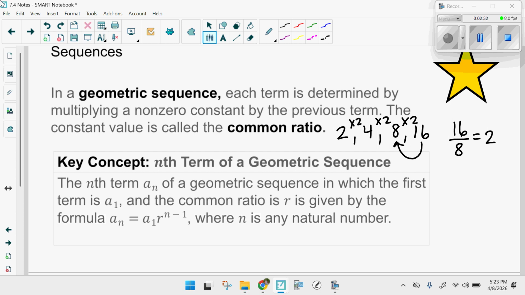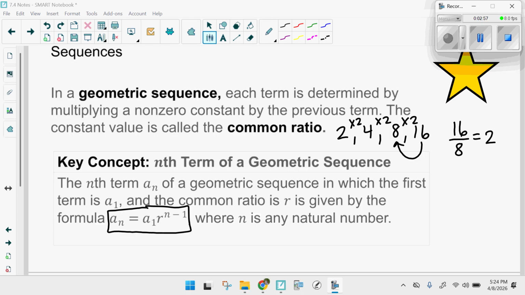And below here we have our explicit form for finding a function to represent a geometric sequence. To find a term value, a sub n, we can take the first term, a sub 1, times r to the n minus 1, where n represents the term number you're looking for.